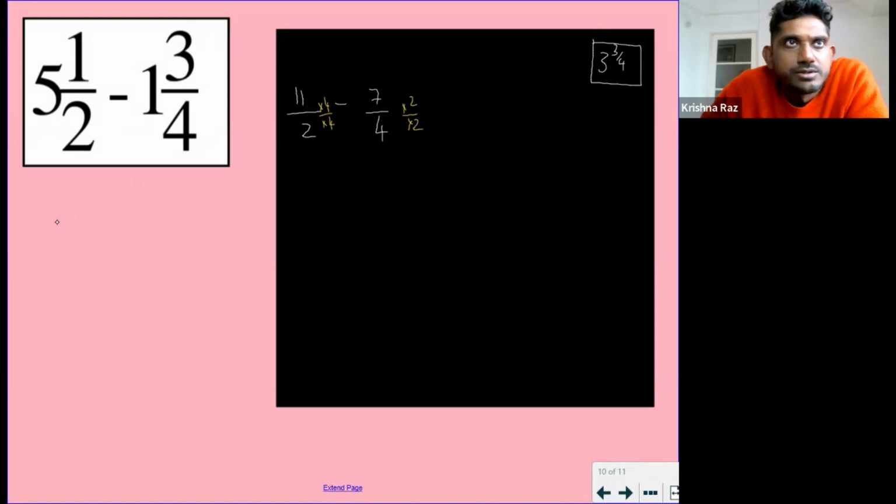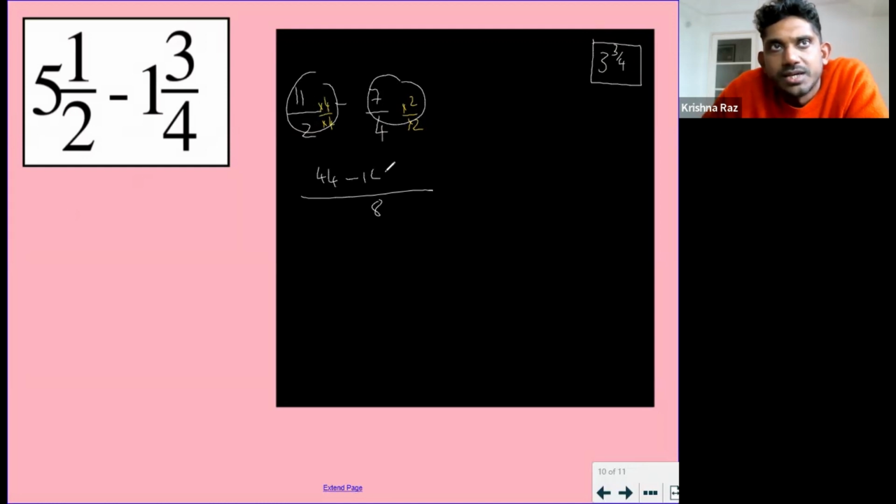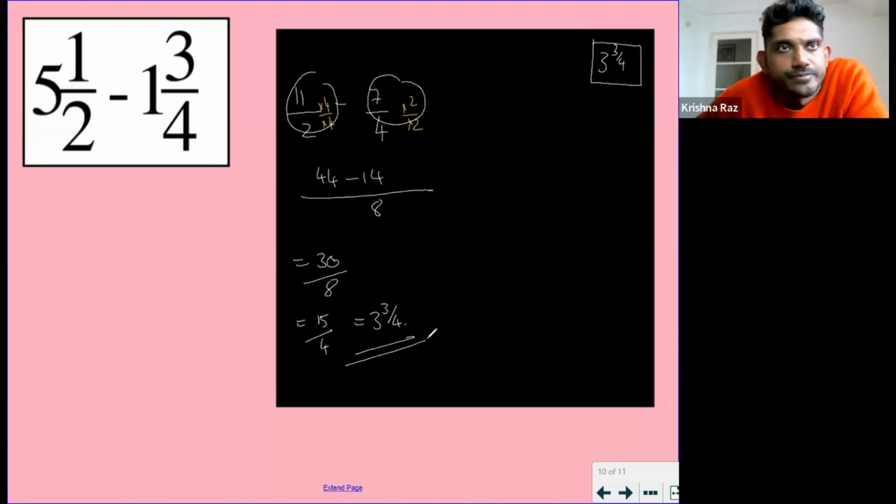And so it's going to all be over 8 this time. 44 take away 14 is 30. Can we simplify that? Yeah, we halve the top and the bottom, we get 15/4, which gives us 3 3/4.